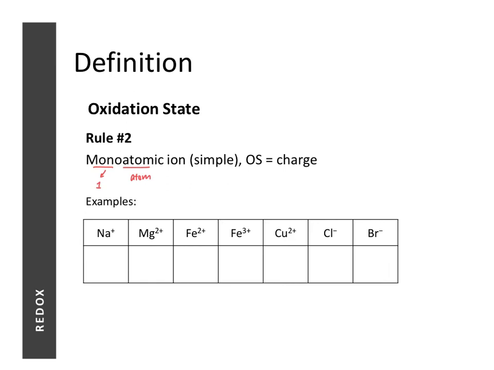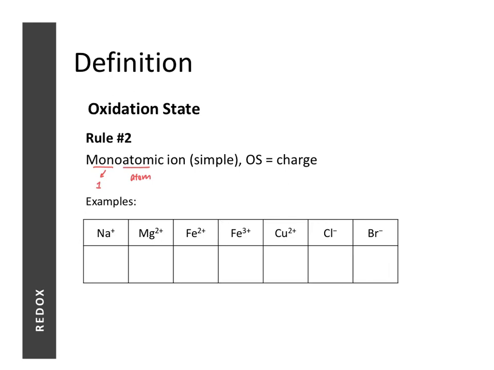For example, Na+ is made up of a sodium atom, Mg2+ is made up of a magnesium atom. So what is the contrast to a monoatomic ion? Later we will see polyatomic ions. So for monoatomic ions, the oxidation state is equal to the charge.